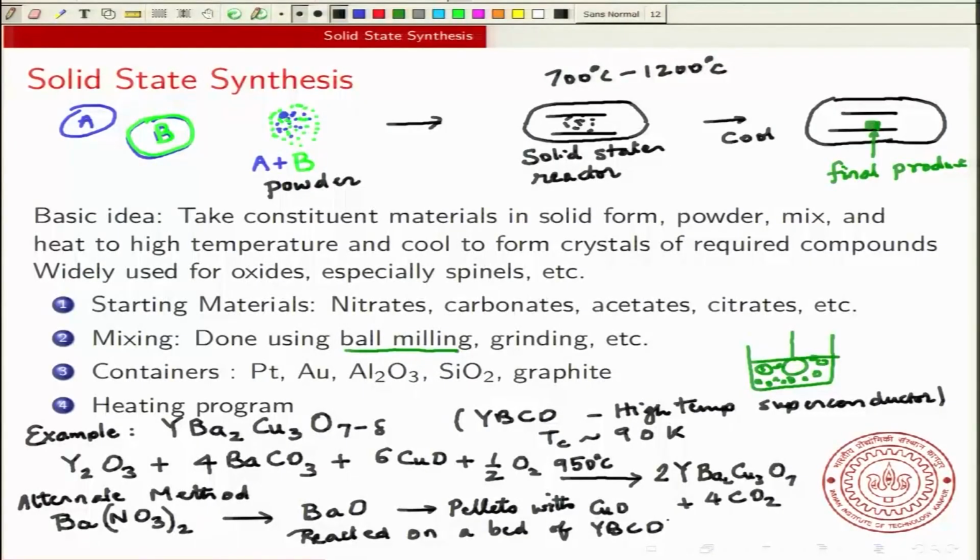So you first synthesize some YBCO, and then you make these pellets of barium oxide and copper oxide, and then you carry out this reaction on this bed of YBCO. This is first done at high temperature, and then it is done at lower temperature. So you first do it at 950 degrees centigrade, and then you do it at 350 degrees centigrade.